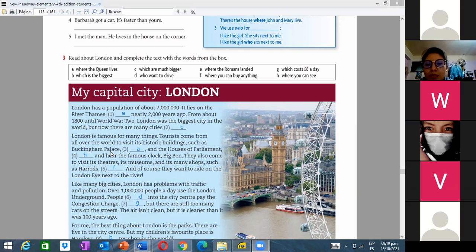They also come to visit its theatres, its museums, and its many shops, such as Harrods, where you can buy anything. And of course, they want to ride on the London Eye next to the river. Okay, London Eye.